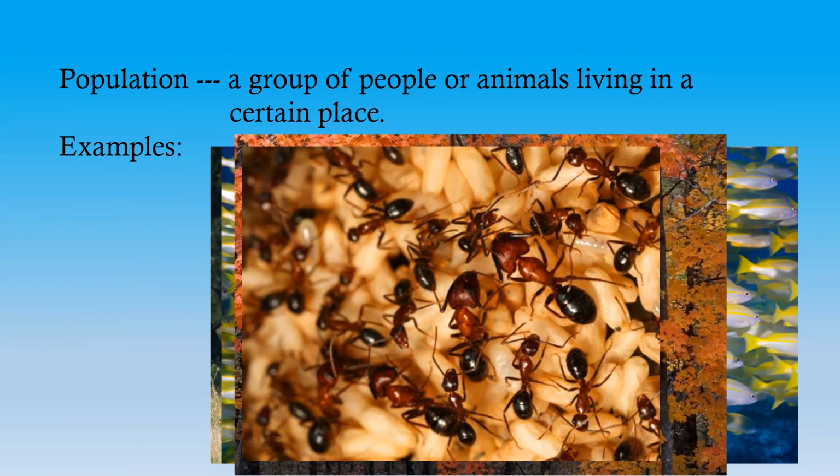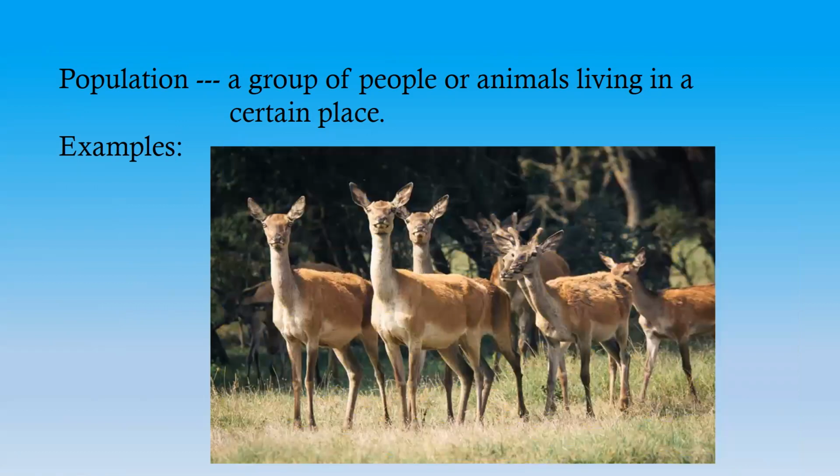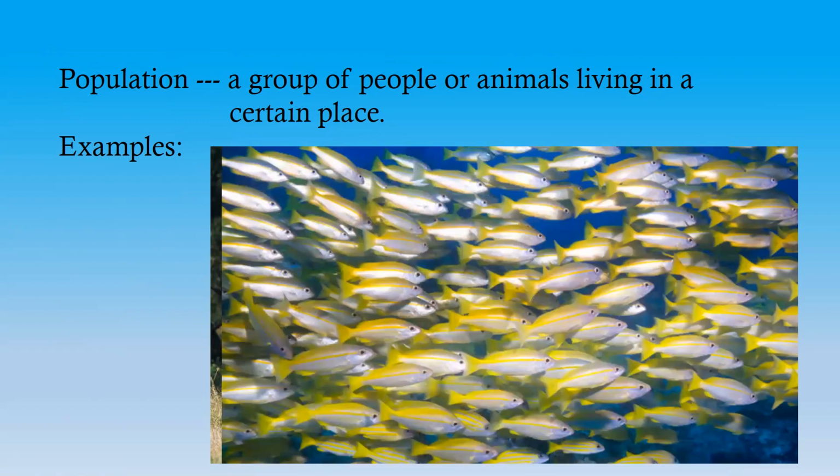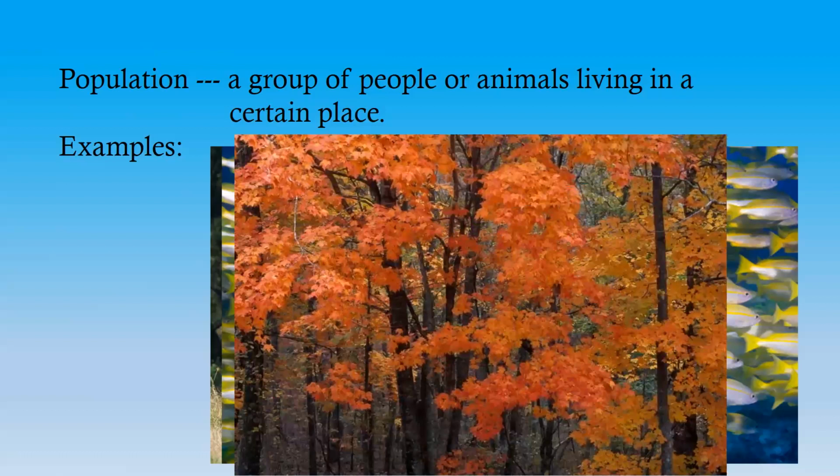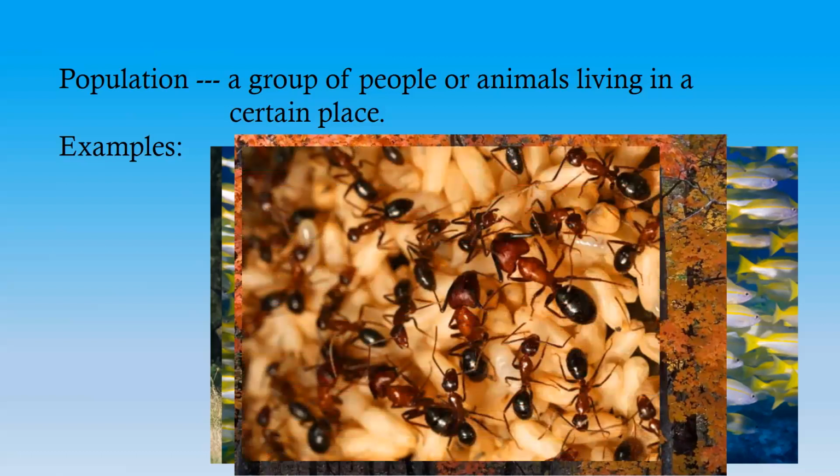I already gave you examples: population of deer, population of fish, population of maple trees, and population of ants. What is population? It is a group of people or animals living in a certain place, but remember that they are the same kind.